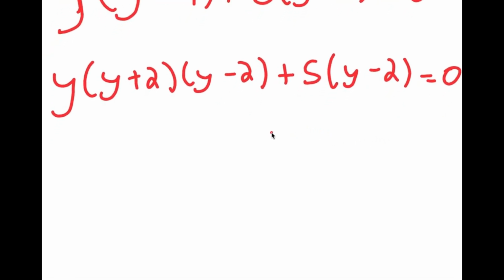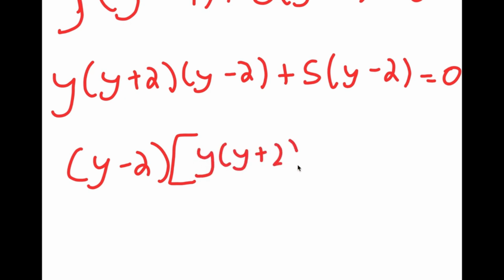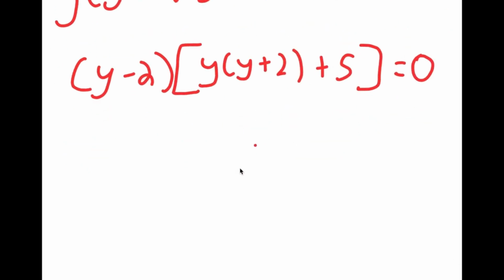And now from here, notice that the only common factor for all these terms is y minus 2. So I have y minus 2 times y plus 2 plus 5 is equal to 0.